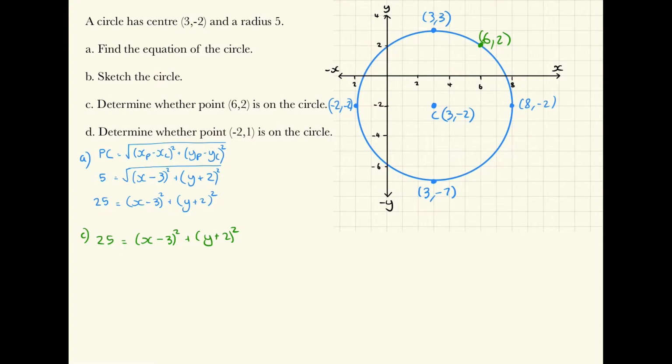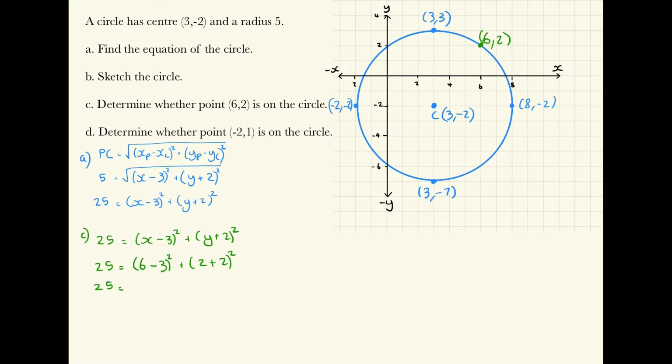Now, we're going to substitute. We're going to substitute x for 6 and y for 2. Here we go. 25 equals, now x is 6, take 3 squared plus, and our y is now 2, plus 2 squared. Let's keep solving.